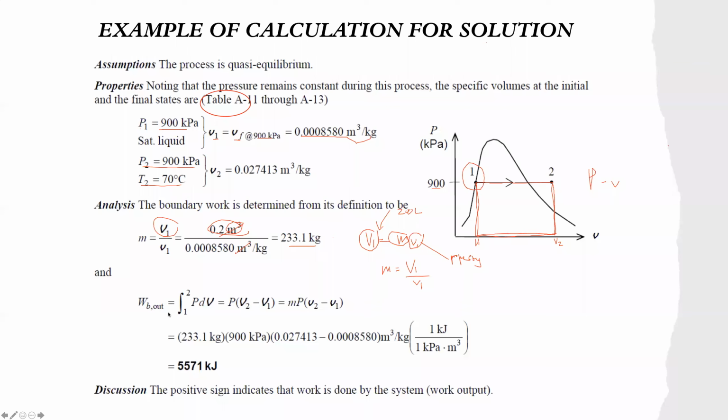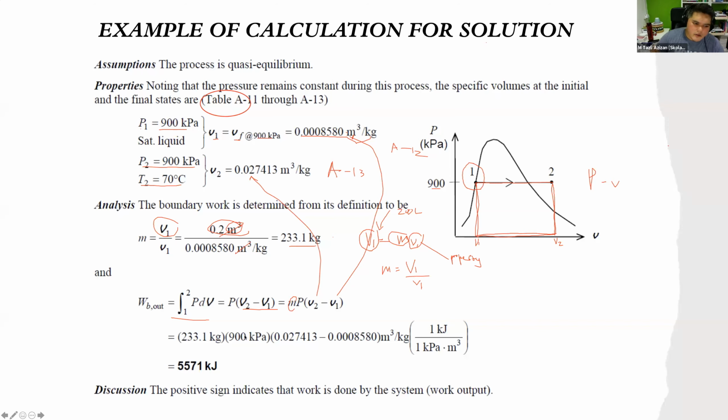Okay, so we still stick to this equation, integral P dV, V2 minus V1, and we know the mass already, so we take out the mass, multiply with P, multiply with v2 minus v1. So v2 ni kita dapat daripada sini, which is from table A13, and v1 tadi kita dapat kat sini, which is from table A12.